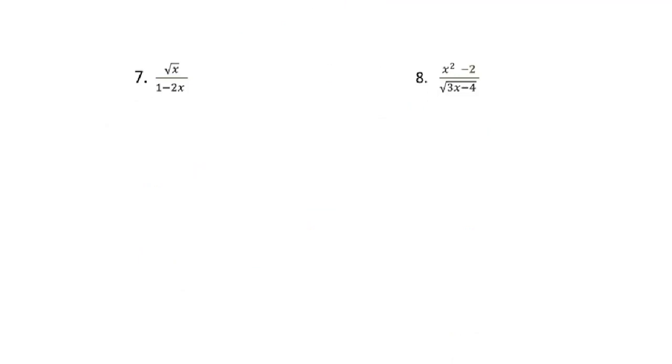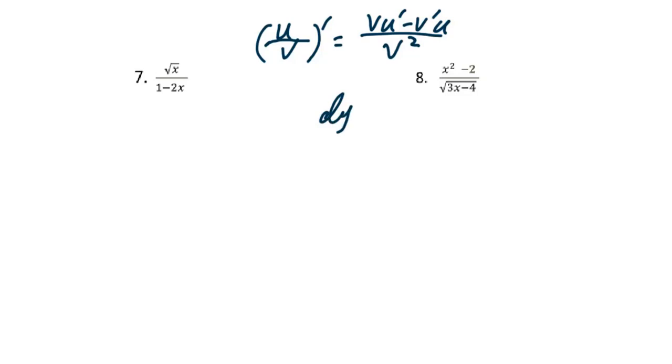For the next problem, let's write down the formula. You have v squared, v u prime minus v prime u. Therefore, for dy by dx, you will get your denominator squared.